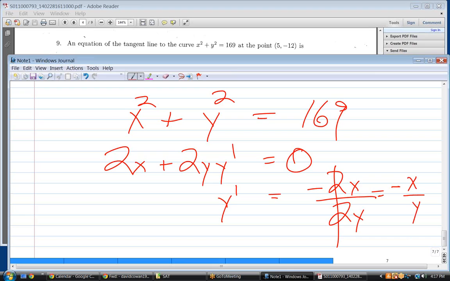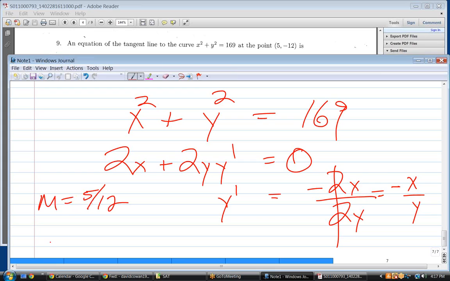So what is the slope of our tangent line at that point? Negative x over y. So what is it? Here's our point. Our point is 5 comma minus 12. Oh, it's going to be 5/12. Okay, so our slope is 5/12.